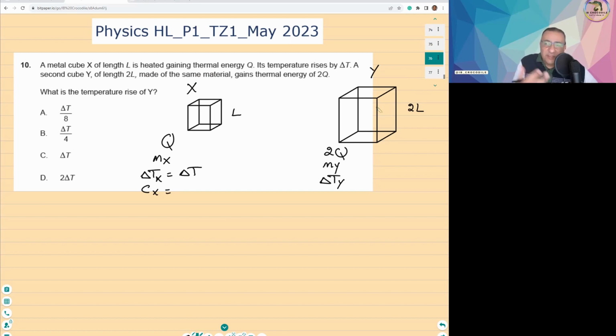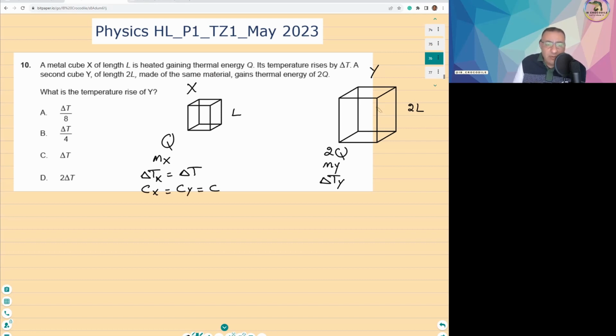That's why it's called specific heat capacity. So we can deduce from the given information that c sub X is equal to c sub Y, and let's say that is equal to c.